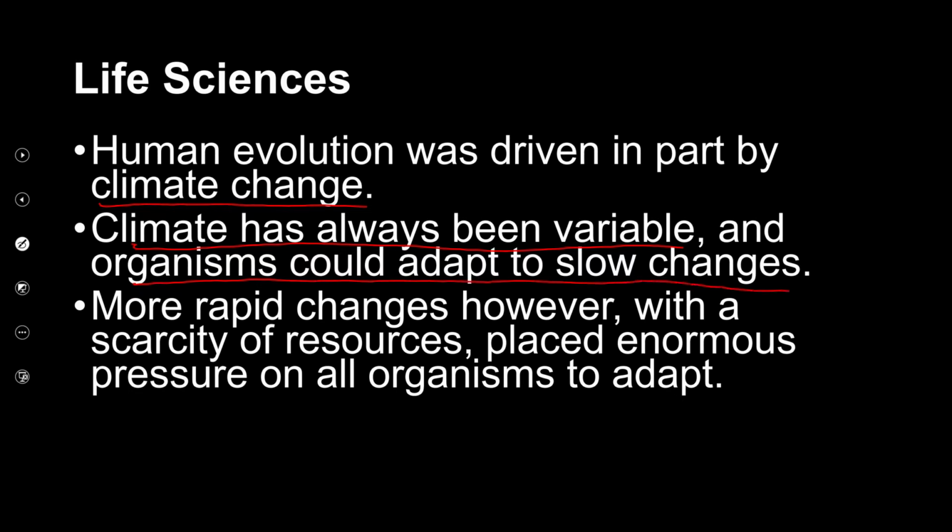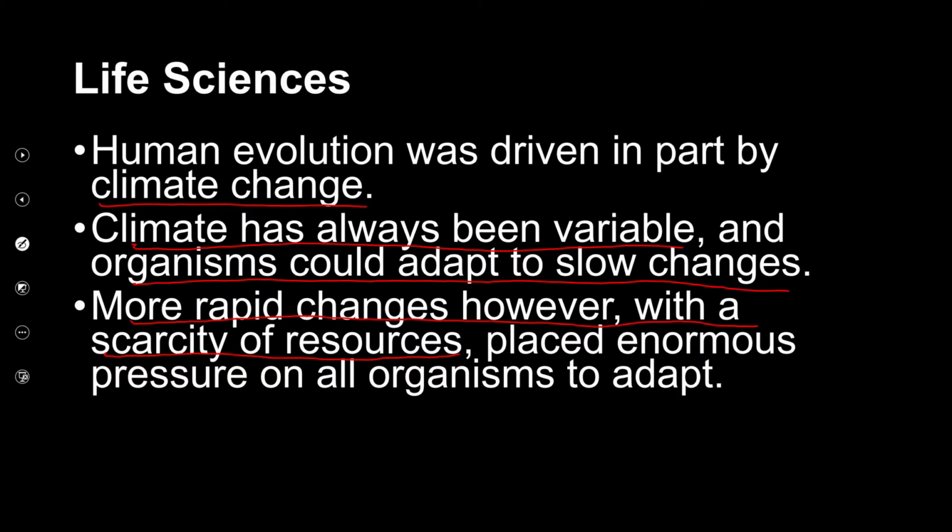Climate's always been a variable, and that causes organisms to adapt. So they could change. It depends on if the climate stays reasonably stable, then the changes would be slow. But where there's more rapid changes, where the climate changes drastically, we find much more rapid changes, and that would be because possibly there's a scarcity of resources, which then puts pressure on organisms.